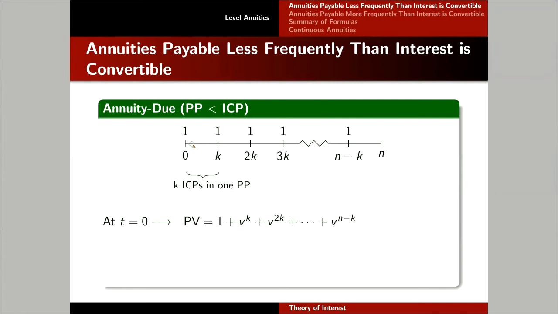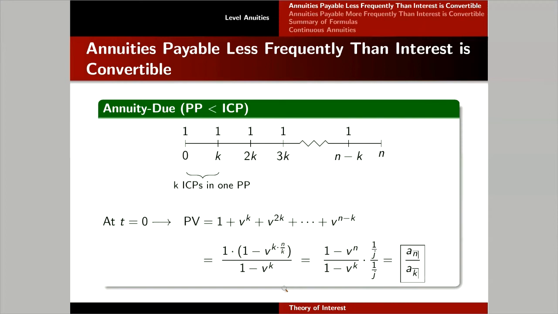And it's again a geometric series. So you recall the geometric series formula and you're going to have that one. Okay? And then same, you multiply both the numerator and the denominator by 1 over J. And then if you inspect closely, the numerator is exactly your A angle N, while the denominator is exactly your A angle K. Okay?